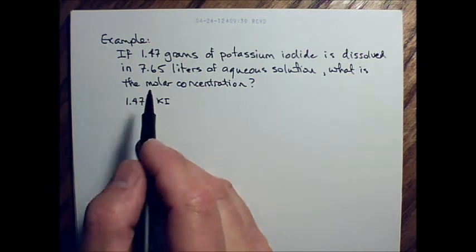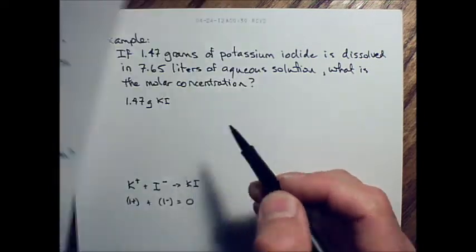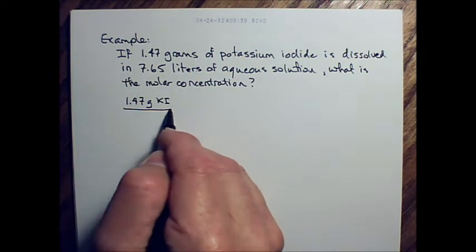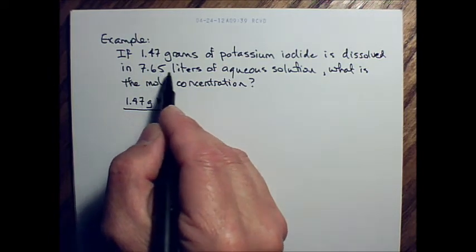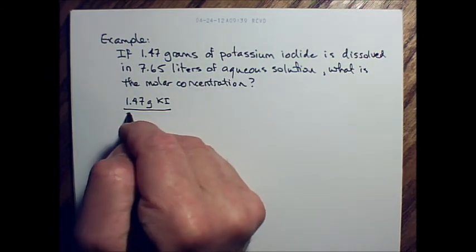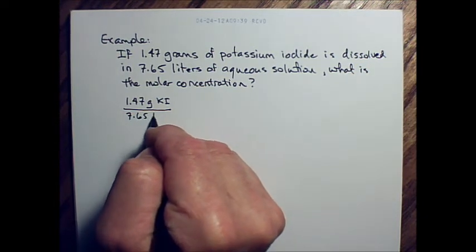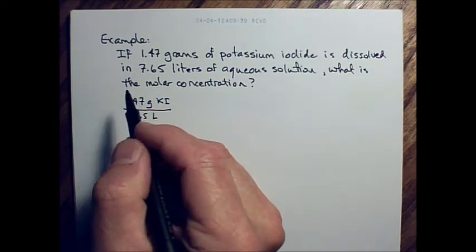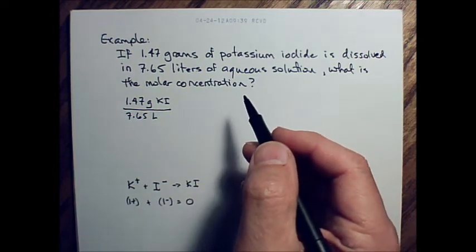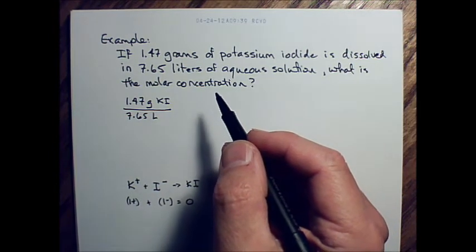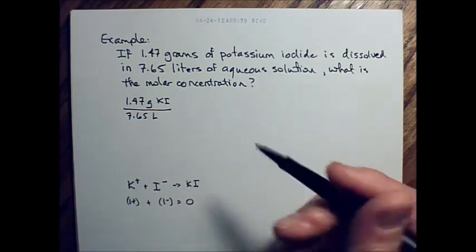Now I'm going to put the amount of solute over the amount of solution. And the amount of solution is 7.65 liters. And the way we identify the solution is by the solute. Since we have water as the solvent, we don't have to name it.